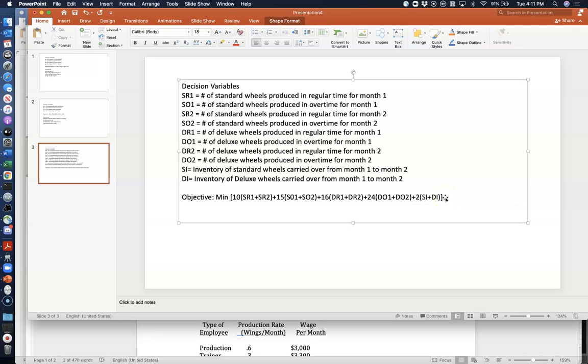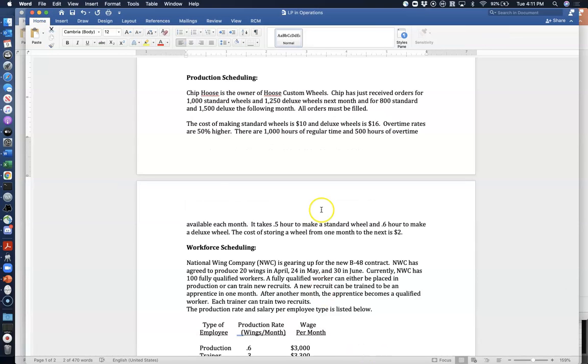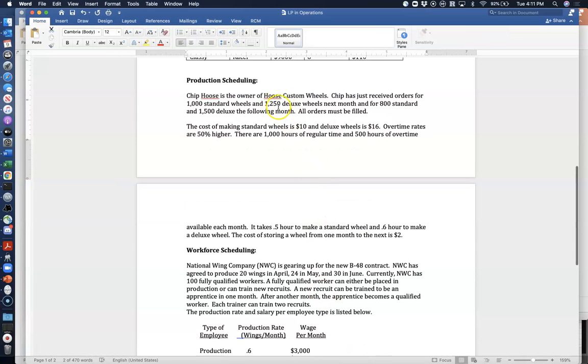Right? Let's write the constraints. Now, what are the constraints? So remember that over the 2 months, you have to have at least 1000 standard wheels and 1250 deluxe wheels in the first month, and at least 800 standard wheels and 1500 deluxe wheels in the following month.